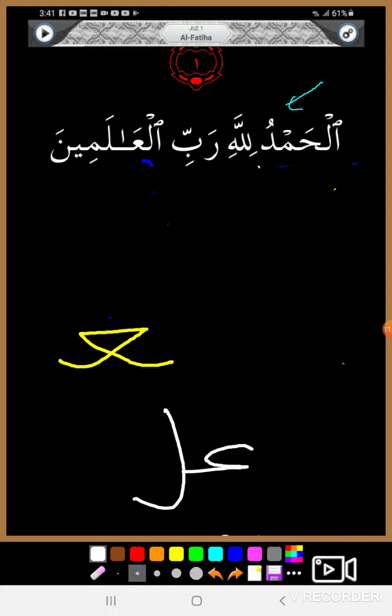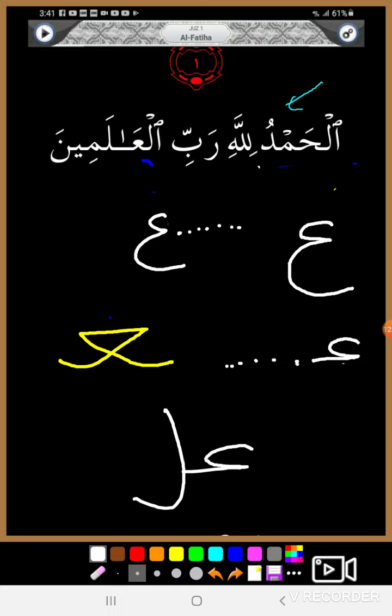So if you follow me, at the end, it's going to be like this and like this. Okay, so at the beginning of a word, it's like this. Continue. And at the end of a word, it's like this, with the other letters that are coming here, any letter.